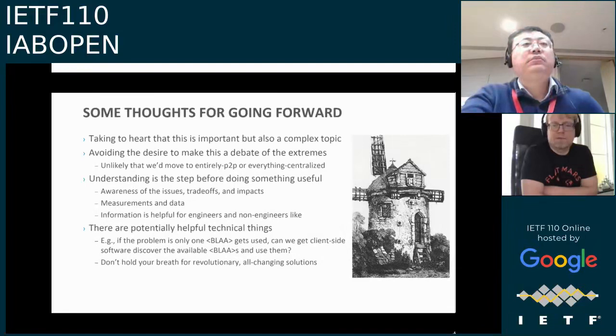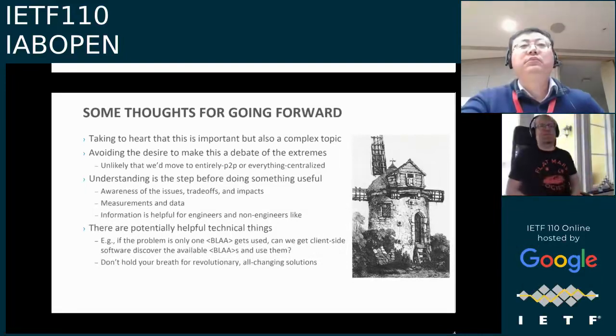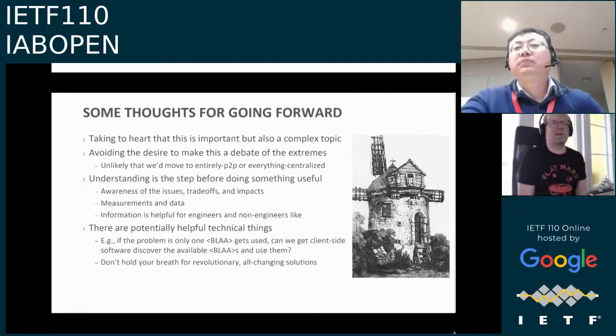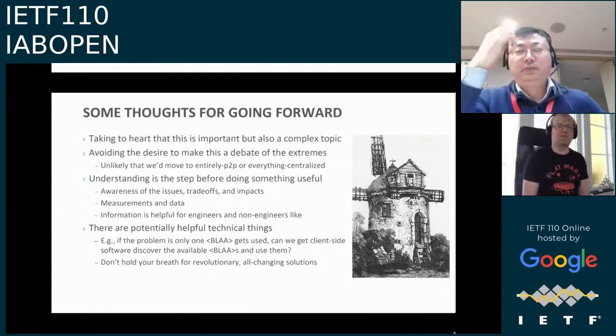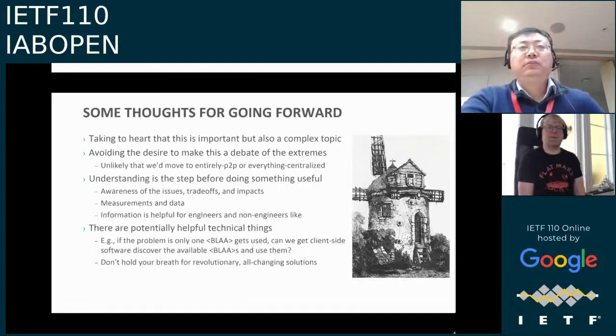The other thing that we want to avoid is taking the debate to the extremes. Just because we can't have a fully peer-to-peer network with Bitcoin exchanged all over the place doesn't mean that we shouldn't do anything. And the same is true the other way: not everything is going to be centralized. That doesn't mean that we shouldn't think carefully about each case that we come across and whether we're doing the right thing or the wrong thing.